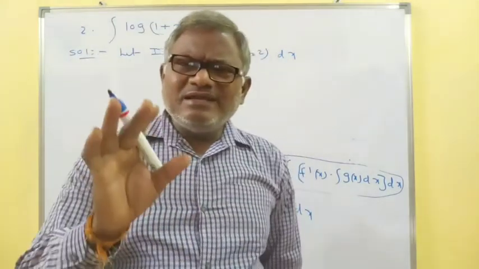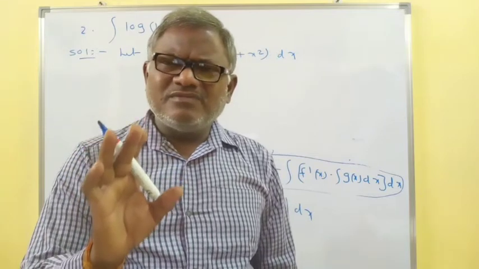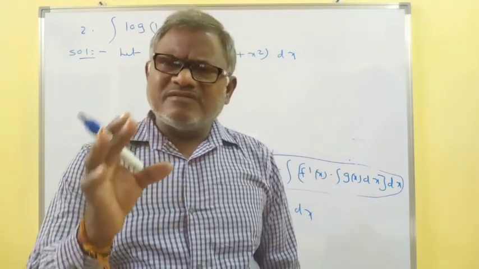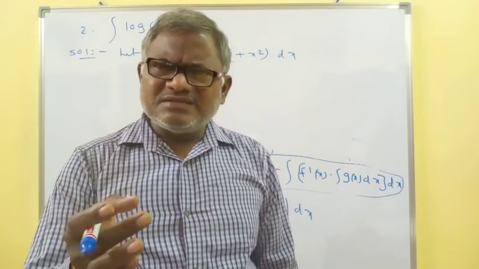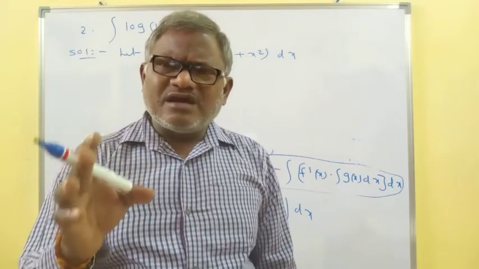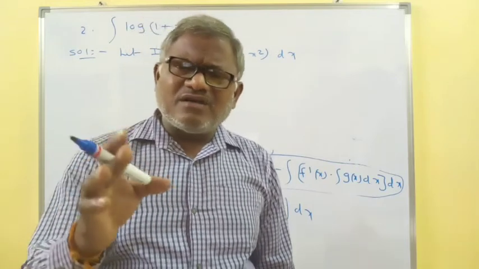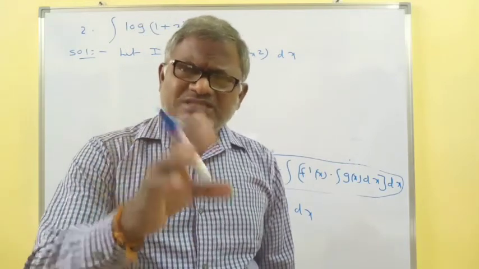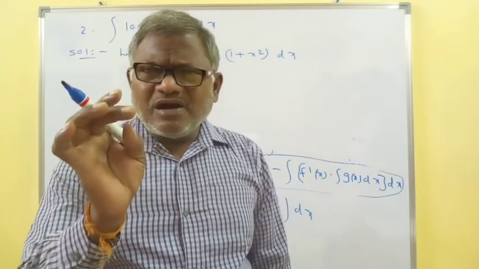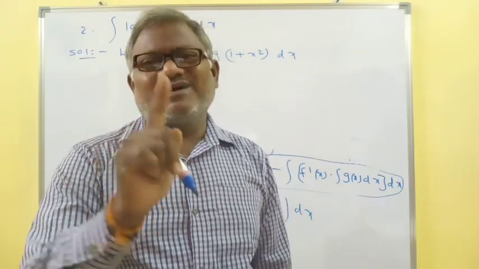Whenever only a single function is there, like a logarithm, or sin inverse x, or cos inverse x, or root of a square minus x square, or root of x square minus a square, or root of x square plus a square, for these functions you have to choose the second function as 1.